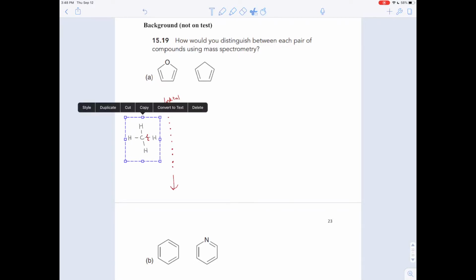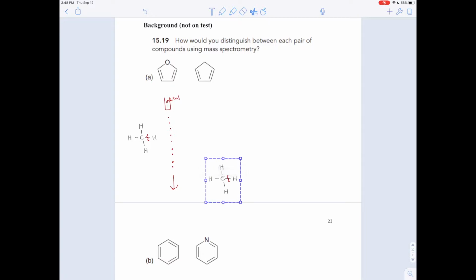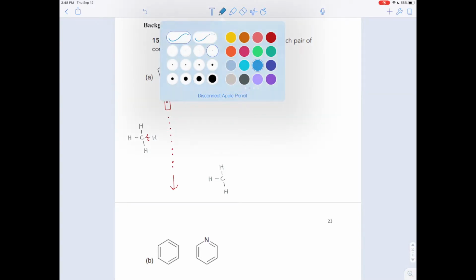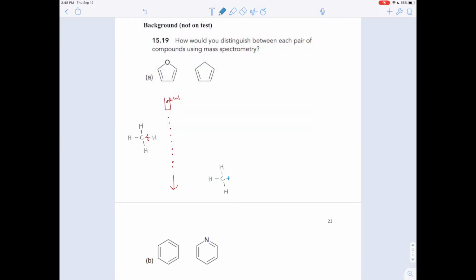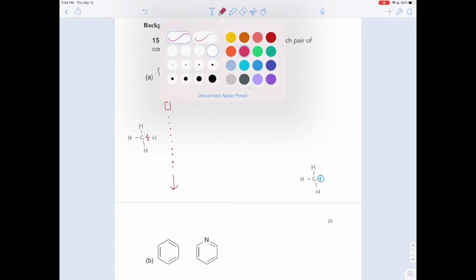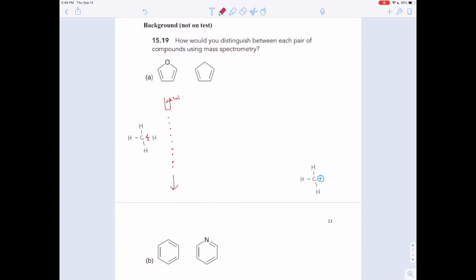And so what you get on the other side would be something like this, and this would have a positive charge on it. We'll talk about this. So this is an example of one of the types of things you can get. We'll talk about what happens to the other things in a second.